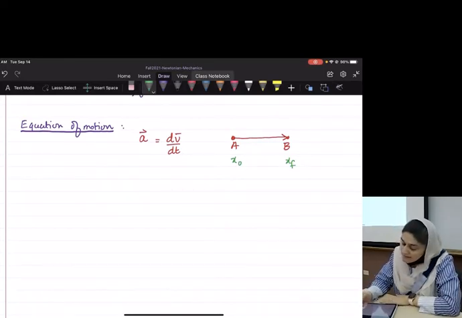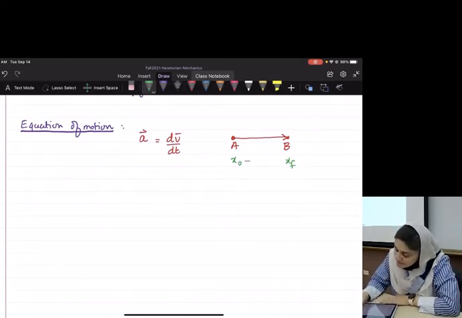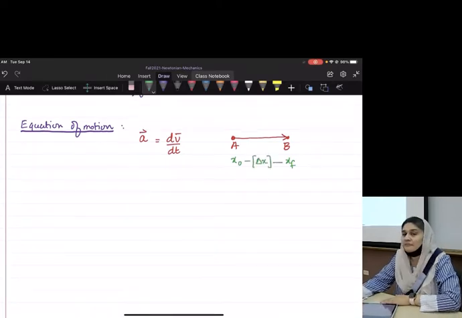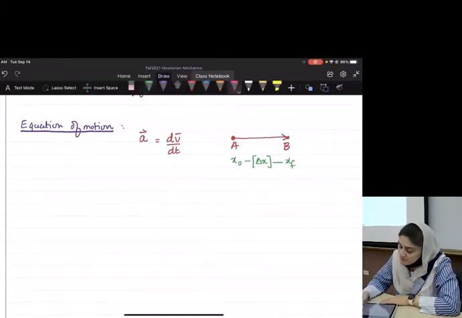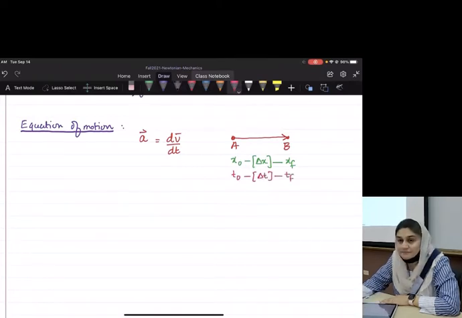Okay. And then what's the change in between X0 and X final? Delta X. And then what else do you think we should do? Good. And at T final, what else should I define?